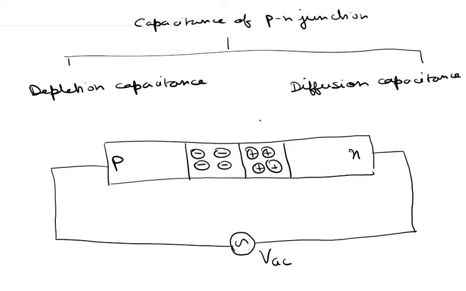Okay, in a capacitor we know that the capacitor follows this equation Q equal to CV. So whenever this voltage changes, the stored charge would also change. So the depletion region of the diode acts in a similar way, that whenever this AC voltage source is increasing, the forward bias is increasing, then the depletion charge would actually decrease because the width of the depletion region decreases.